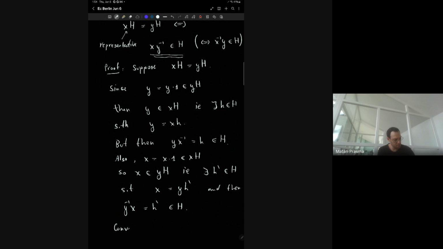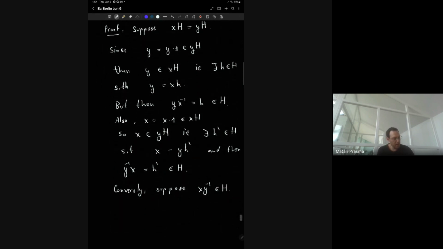And this proves the first direction. Conversely, suppose xy^-1 is an element in H, and we want to show that the two cosets are equal. To show equality of sets, again, we do double inclusion.